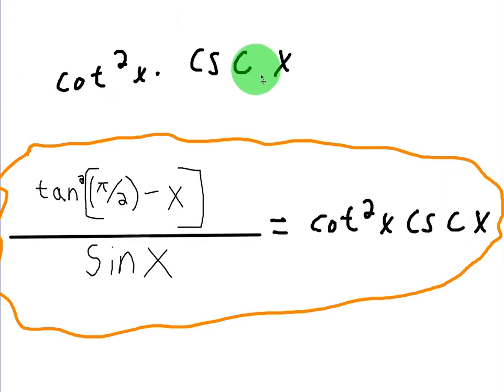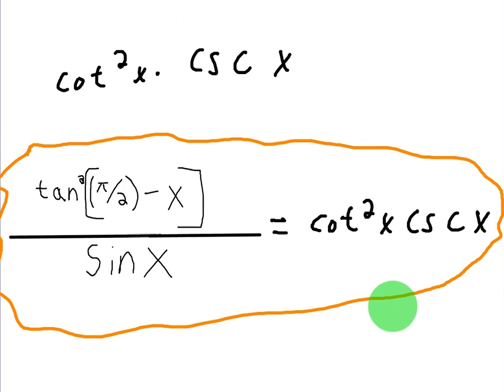And that's going to be our final answer. This was what we originally started with, tangent squared of pi over 2 minus x over sine of x. And the final answer is cotangent squared of x times cosecant of x.